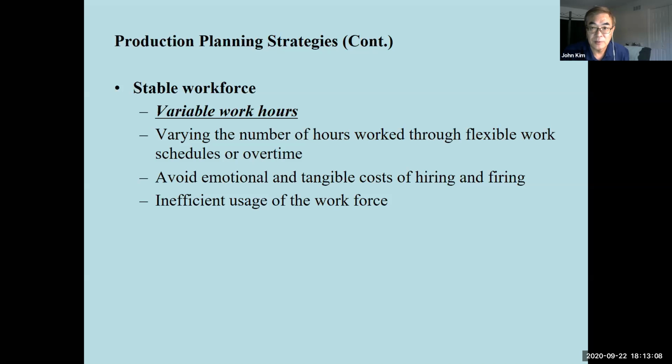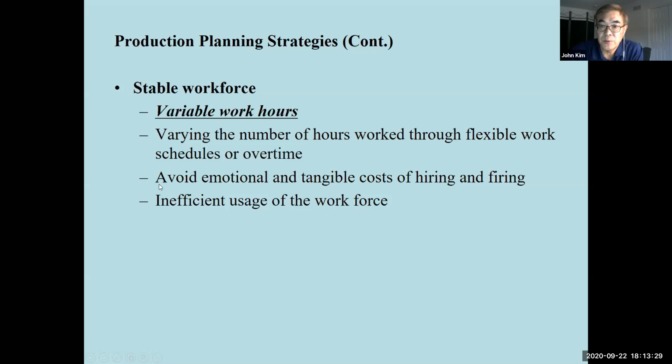So many days during the weekend when Hyundai car sales were good, they worked even during the weekend. So at the time, Hyundai used this variable work hour strategy.